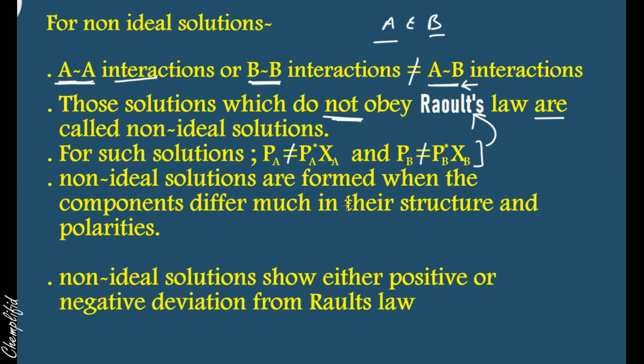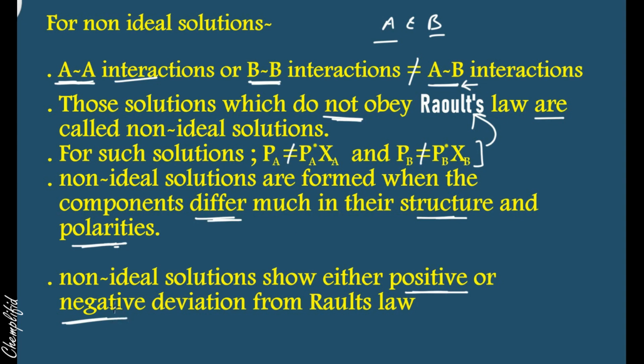Now, non-ideal solutions are formed when components differ in their structure and polarities. Polarities means whether they are polar or non-polar in nature. Non-ideal solutions either show positive or negative deviation.